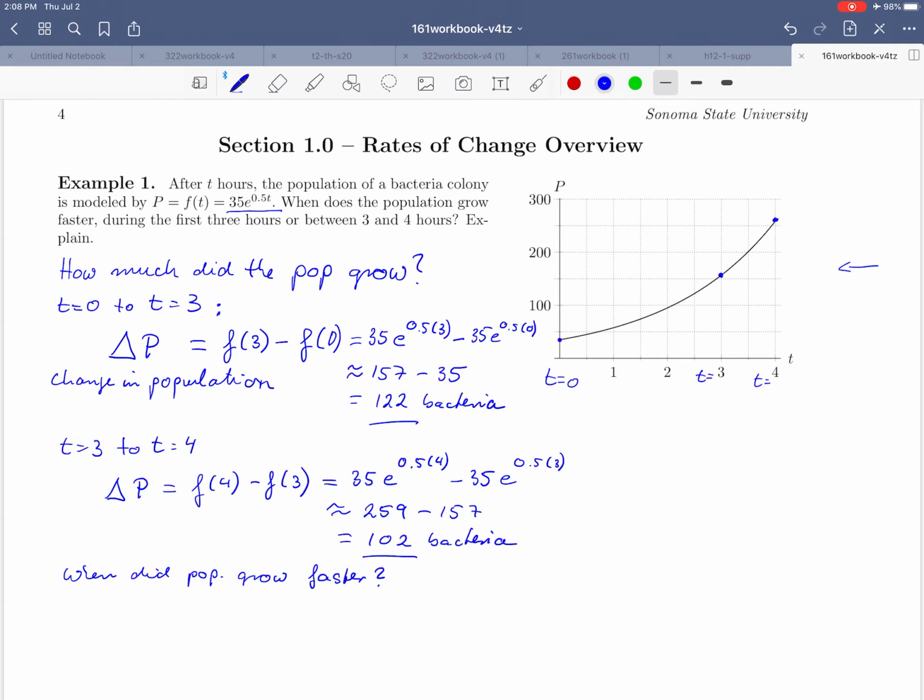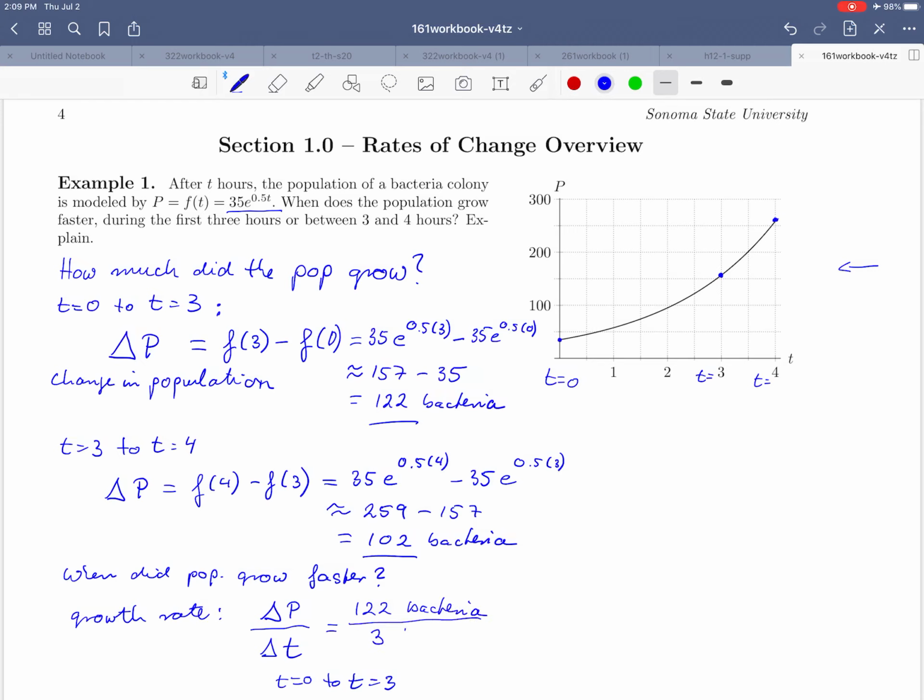So we are computing something called the growth rate that takes time into account. We want to compute the change in population, but then we want to account for how long it took to get that change. And so we are taking the change in population and dividing by the change in time. So for our first interval from t equals 0 to t equals 3, we get 122 bacteria over a time interval of 3 hours.